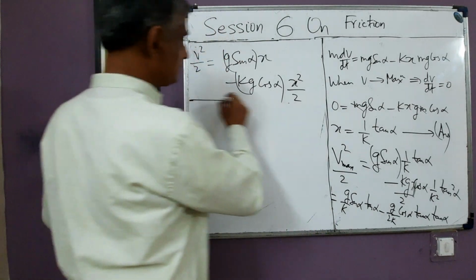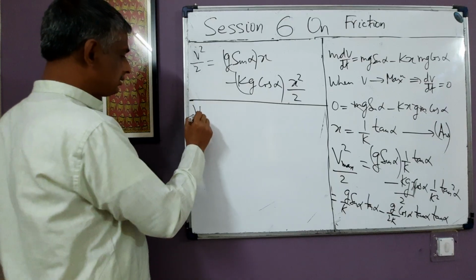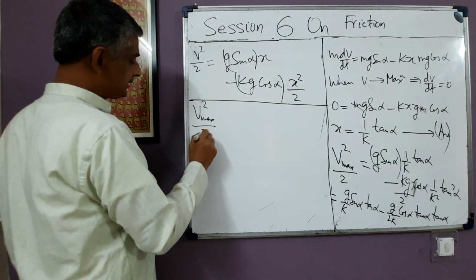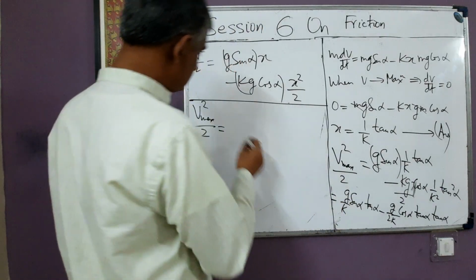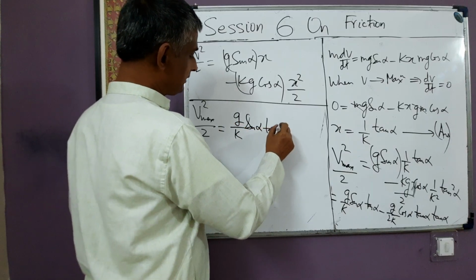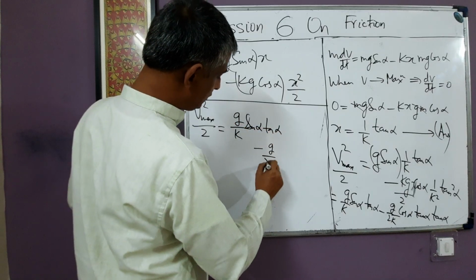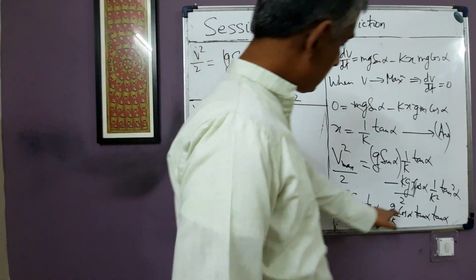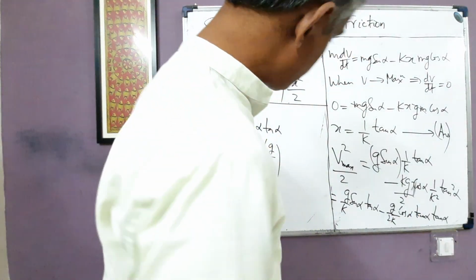So what do we get here? We get V max square by 2. This becomes G by K sin alpha tan alpha minus G by 2K. Now see, sin alpha by cos alpha is simply tan alpha from trigonometry.